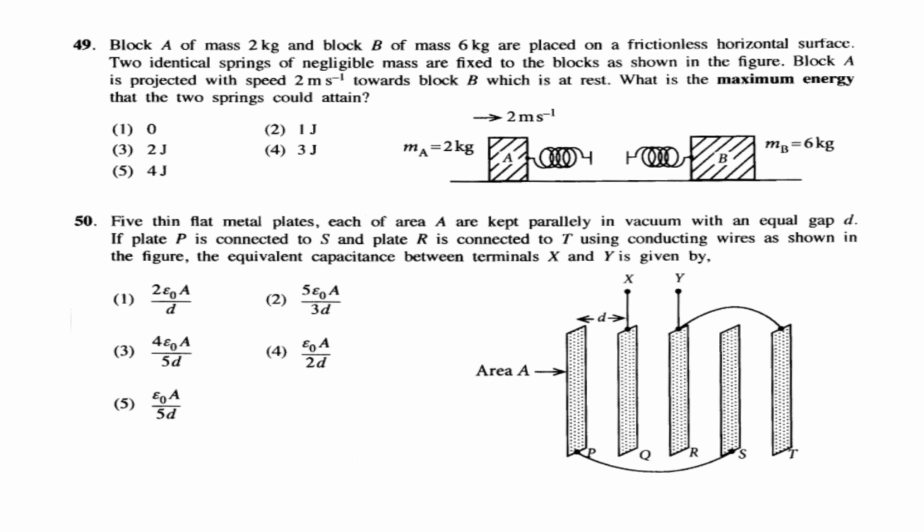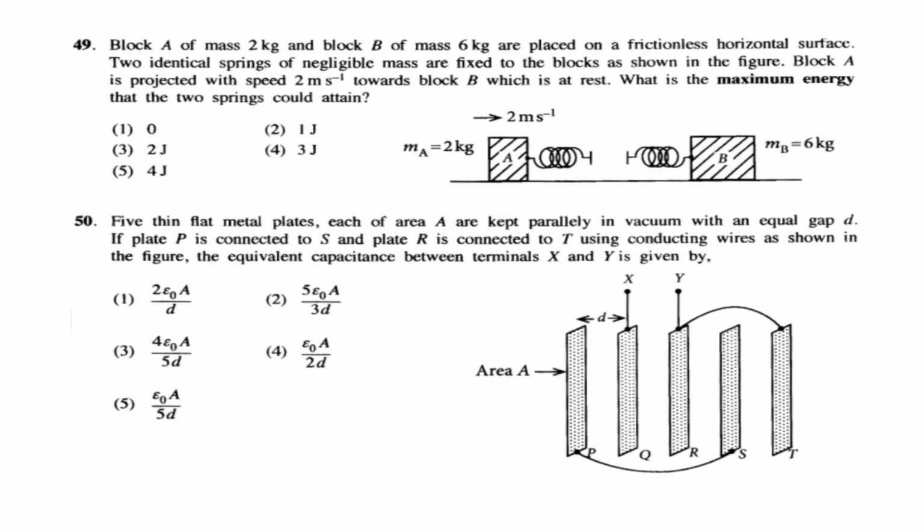Before collision, the momentum of A is mass times velocity, that is 2 times 2, 4. And momentum of B is 0. After collision, A and B are in contact. They move together with a velocity v.